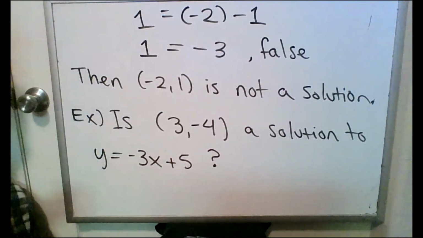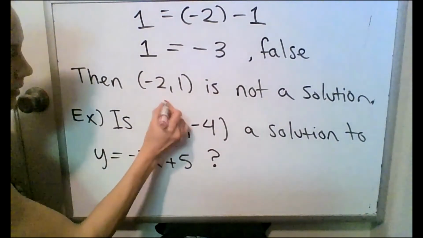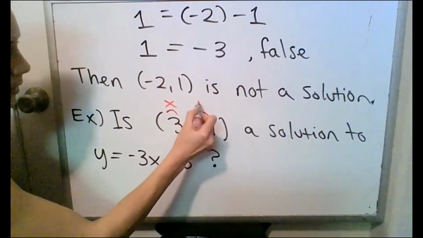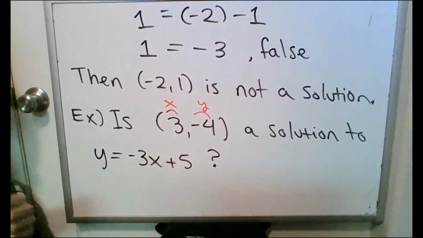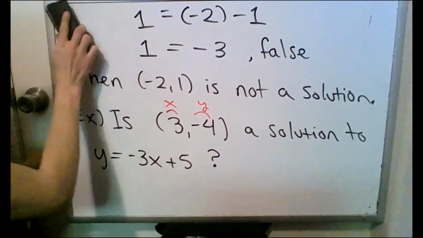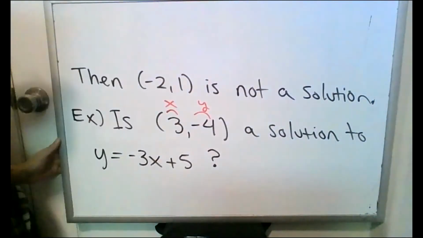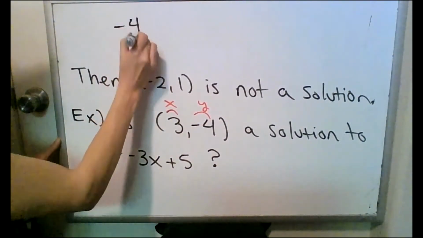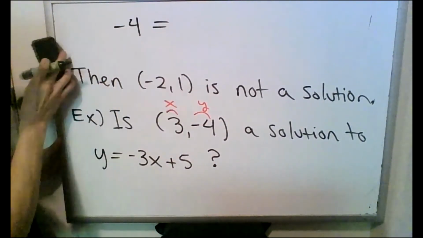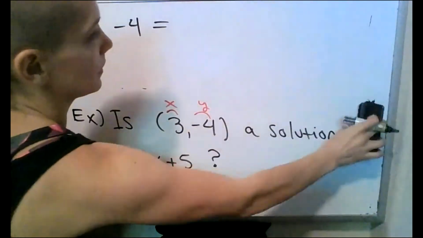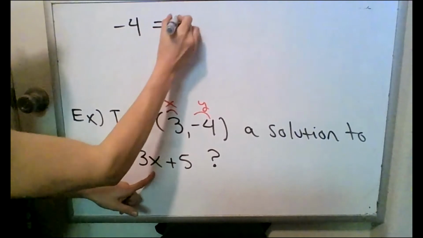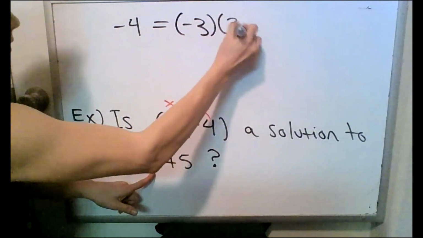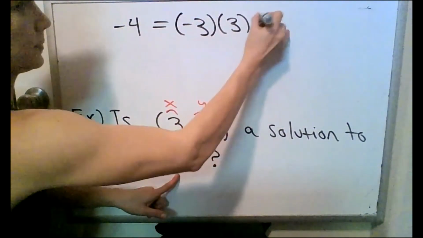Okay, this time x is going to be 3. And y is -4. So I'm going to put -4 over here. -3 multiplied with +3. And then plus 5.